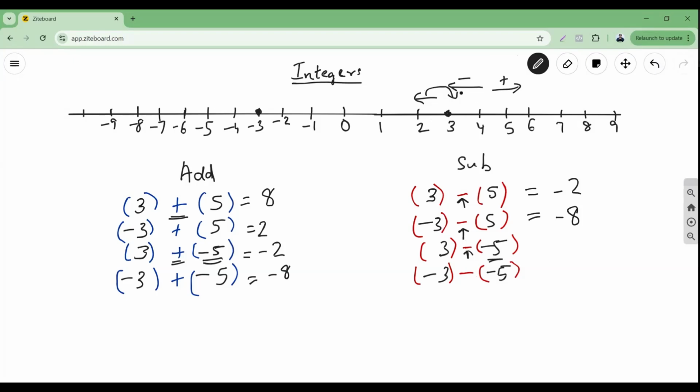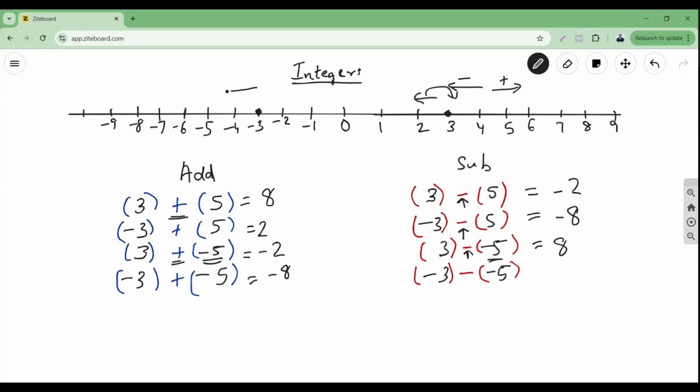Because of the minus outside the bracket, I was going left side. Now there's another minus inside the bracket, so the left direction gets totally reversed. Now I will have to go to the right side only. Right side 5 steps and I reach positive 8. That will be my answer. Now next question. I start from negative 3.